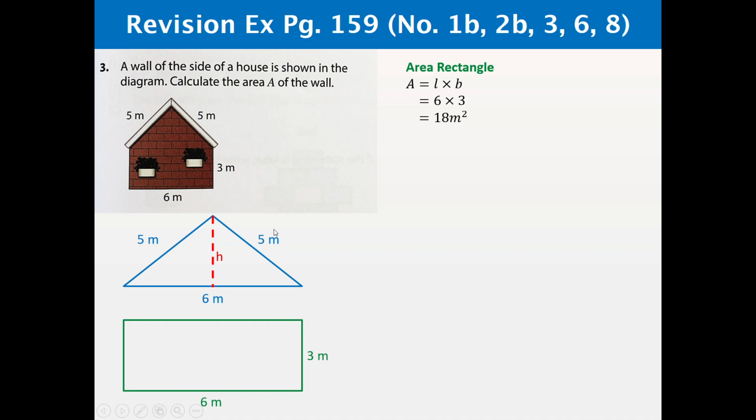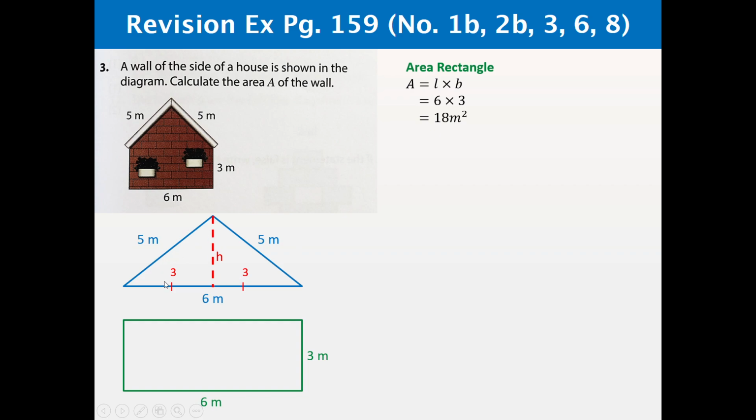Alright, so if I drop a perpendicular from that point, because it's an isosceles triangle, I know that the one triangle will be equal to the other triangle. And I also know that this length will be equal to this length. So they both will be equal to 3, because I know the entire length is equal to 6, so 3 plus 3 will give me 6. Alright, so I can work out the height here now using Pythag.